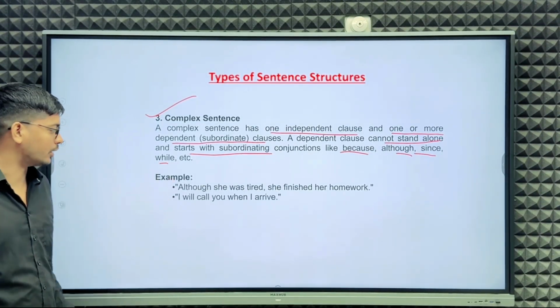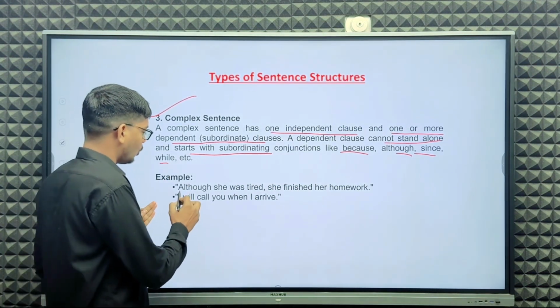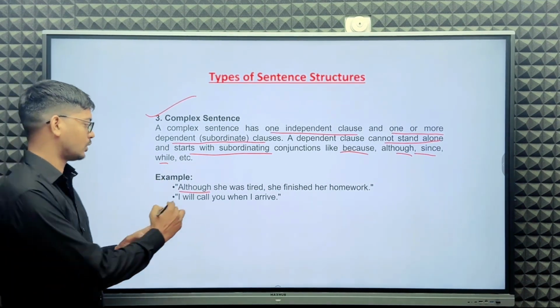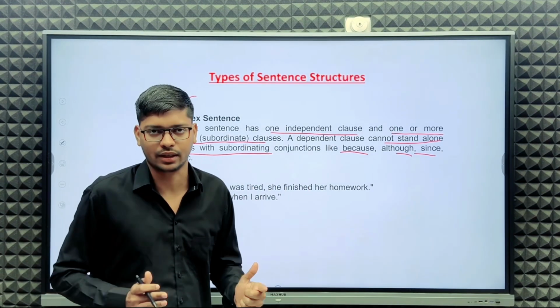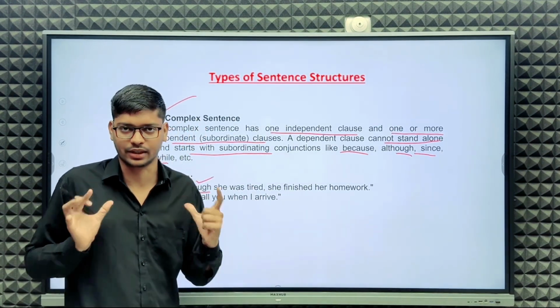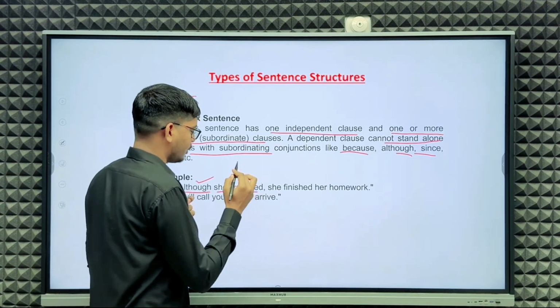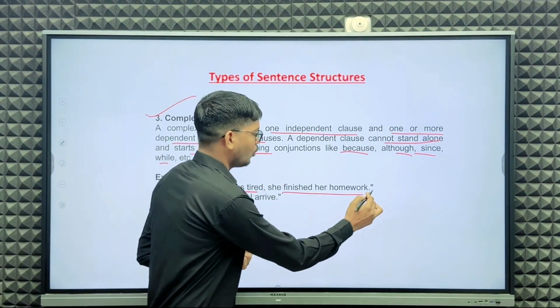Okay, a complex sentence example here: although. Looking at this word, although, you can easily understand this is a complex sentence type. Although she was tired, she finished her homework.